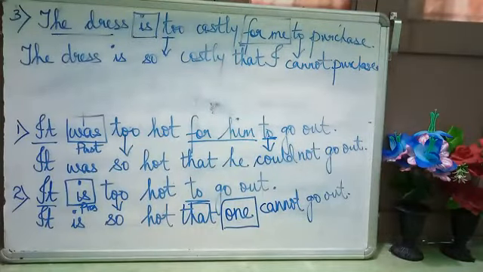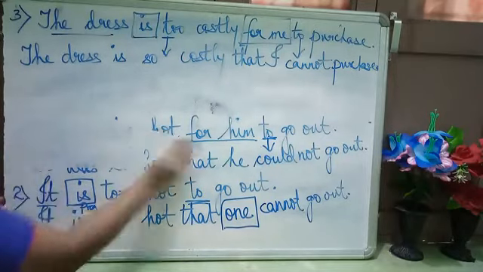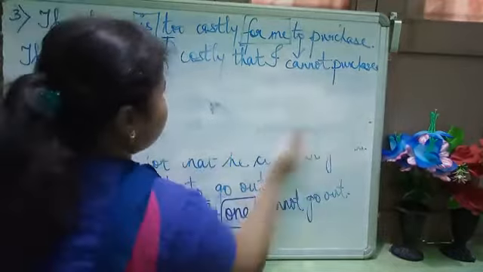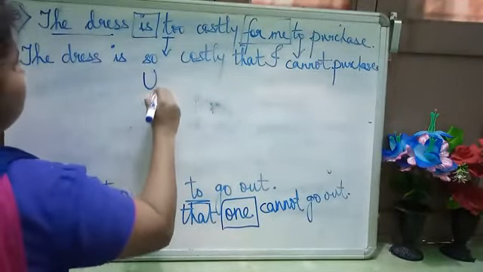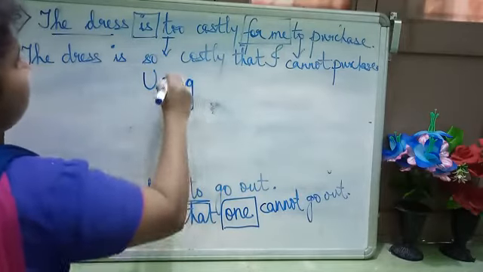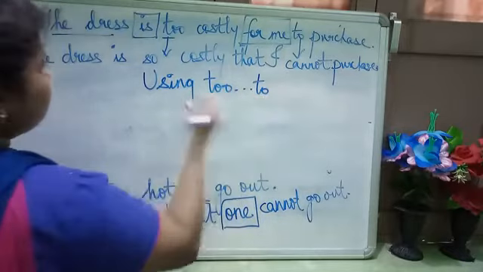Now the next is using "to". Only one sentence let me give you. Using "to" in a sentence means there will be "to" also.